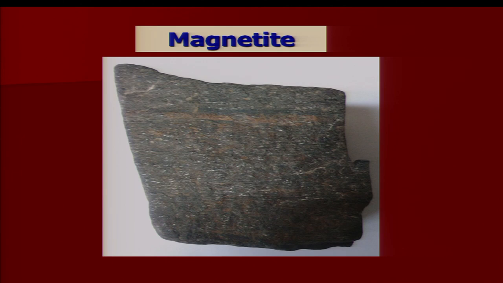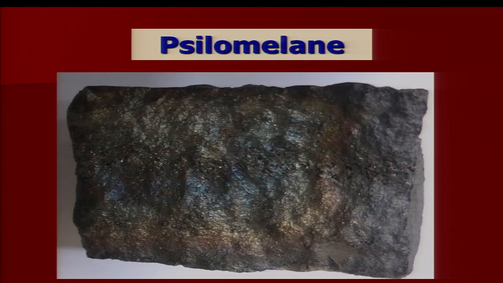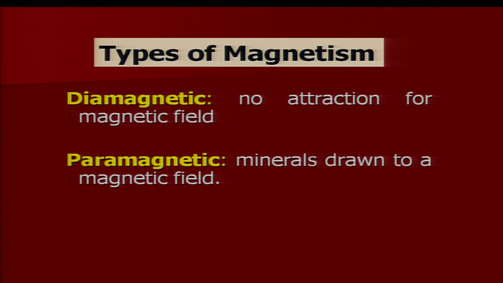This is magnetite, almost steel grey to black in color, and it shows magnetic property. Psilomelane is also a black, steel grey black colored mineral, but it does not show any attraction towards a magnetic field. So, you can distinguish these two minerals as paramagnetic and diamagnetic.